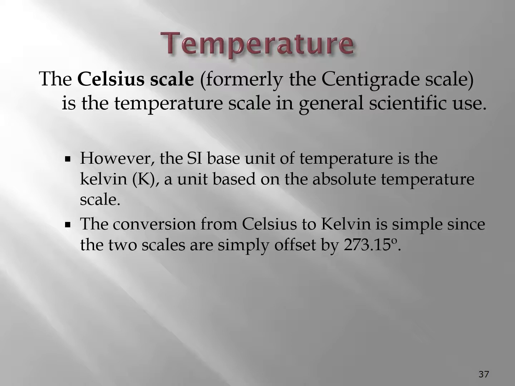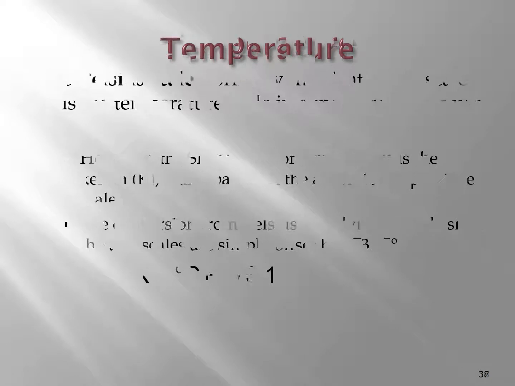So to convert from Celsius to Kelvin, it's pretty easy. 0 degrees Kelvin is the same as negative 273.15 degrees Celsius. So to find the Kelvin temperature, you just take the degrees Celsius and add 273.15. Whatever Celsius is, you add 273 to it.